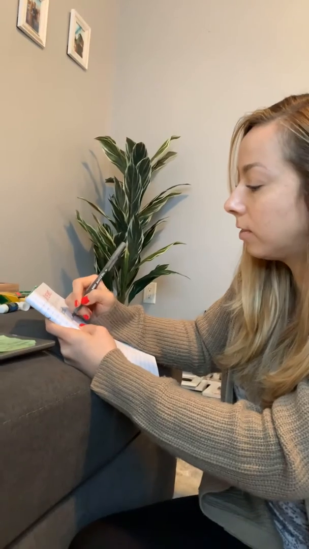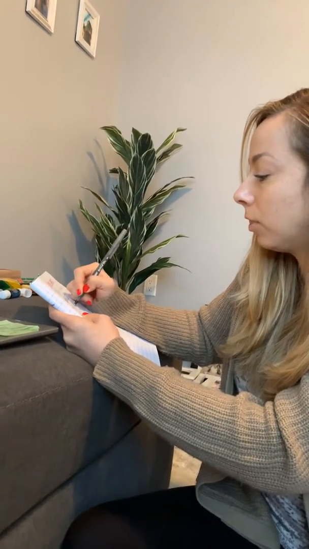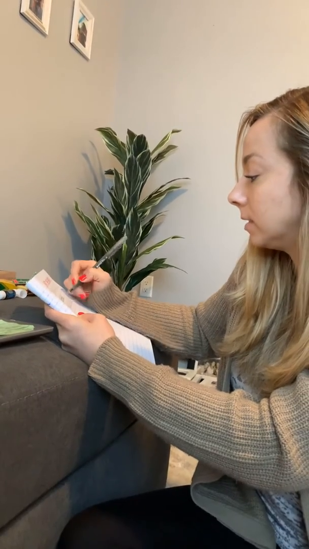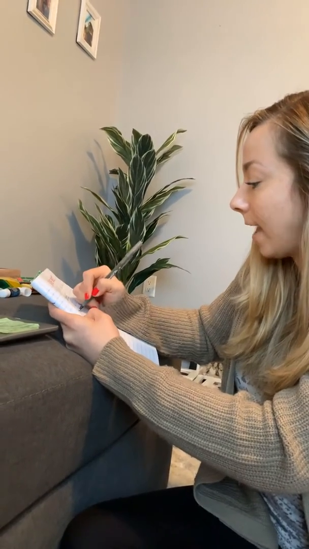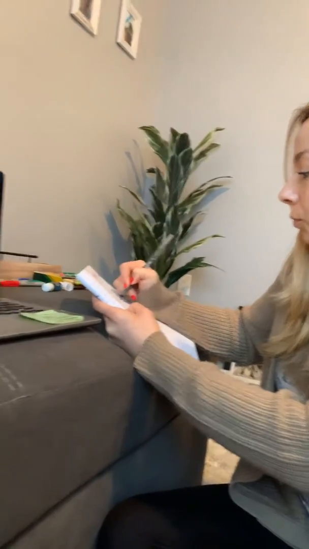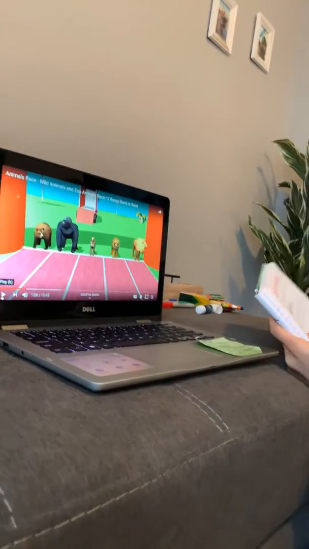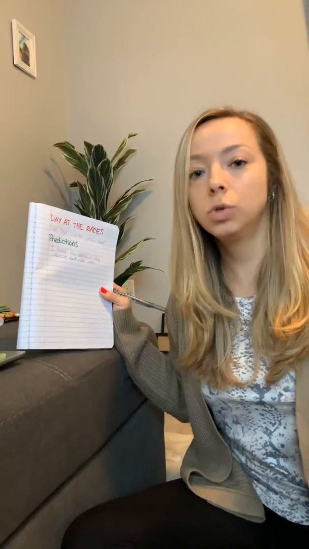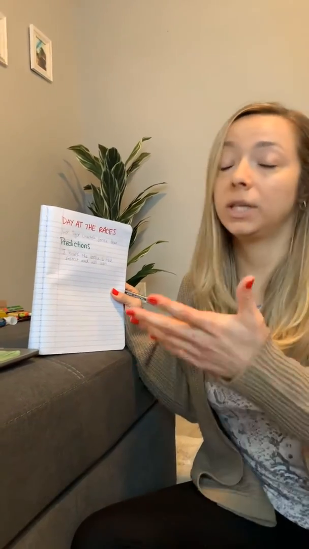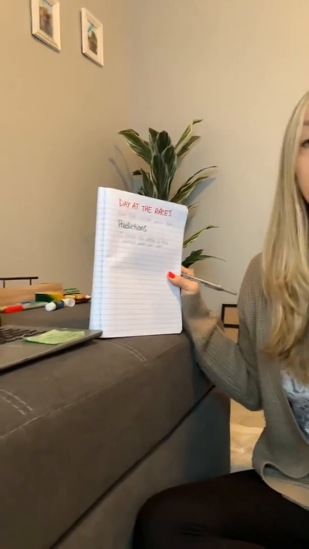So I think the gorilla is the fastest and will win. Now remember, a prediction is just what you think is going to happen. So you don't know what's going to happen until you actually do the experiment or until you actually watch and see what happens with the animals. So Joseph, what do you think?